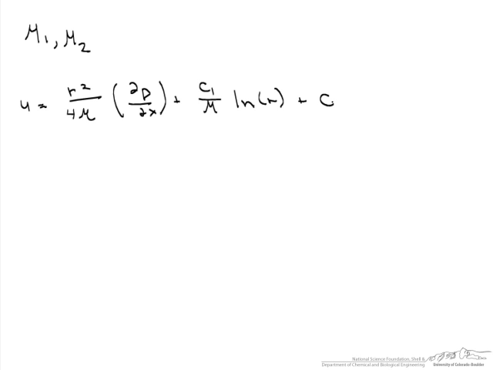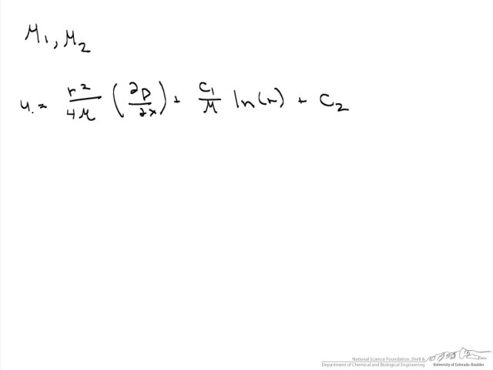So a general solution for pipe flow with a radial velocity distribution has been obtained by using the Navier-Stokes equations, and we come out with u equals r squared over 4 mu dp dx plus c1 over mu ln of r plus c2.